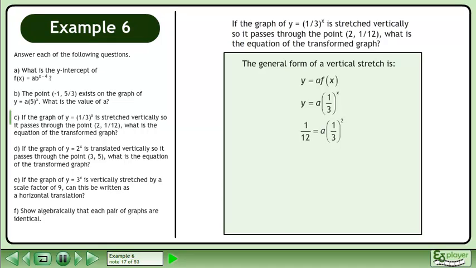Plug in the point 2, 1 over 12. This gives us 1 over 12 equals a over 9. Cross multiply to get 9 equals 12a. Divide both sides by 12 and reduce to get a equals 3 over 4. The transformed graph is y equals 3 over 4 times 1 over 3 to the power of x.